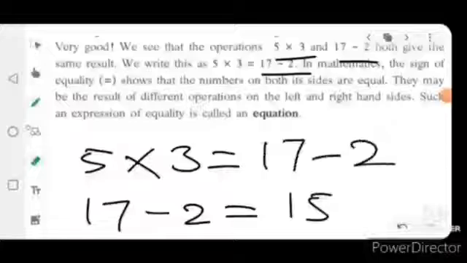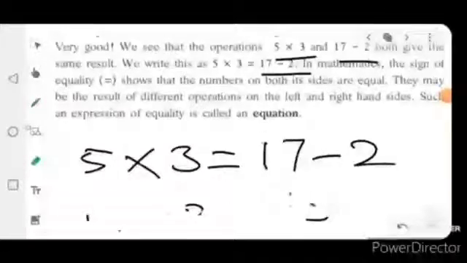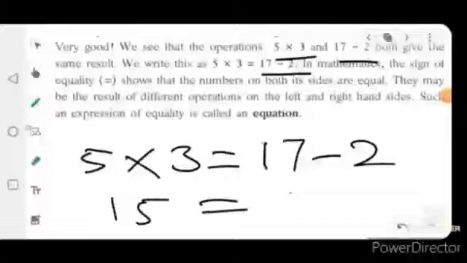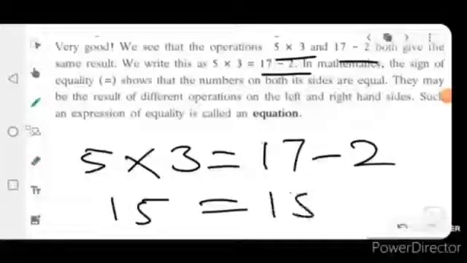The conclusion is that 5 multiplied by 3 is equal to 17 minus 2, meaning 15. This is your equation or equality.